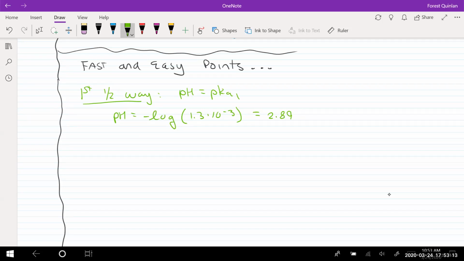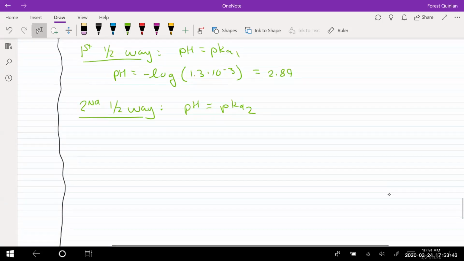And the other one we can get? Our endpoint? No, the other easy point. Oh, the second halfway? There you go, second halfway. So you can see very quickly as we look at this, there are very easy ways to get some fast points and fast places to pin down where our curve is going to go.